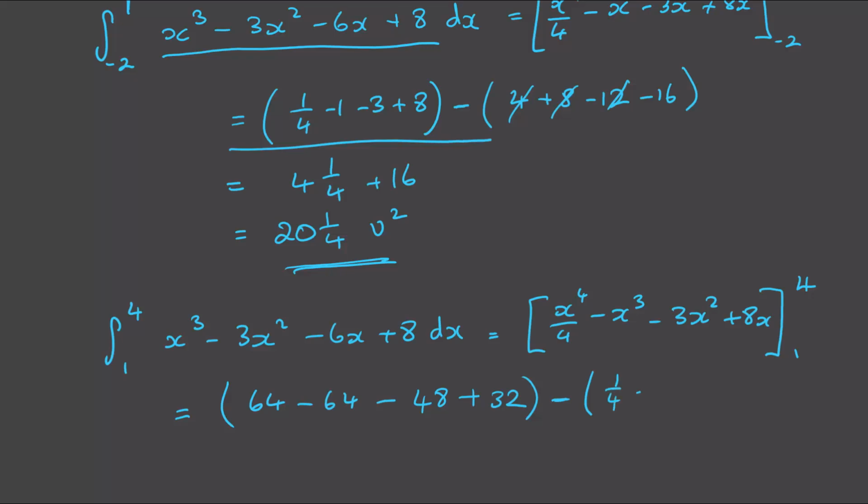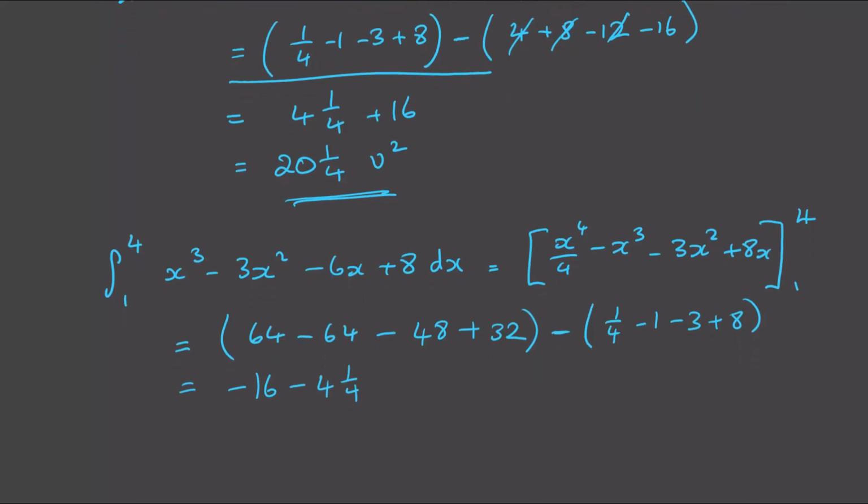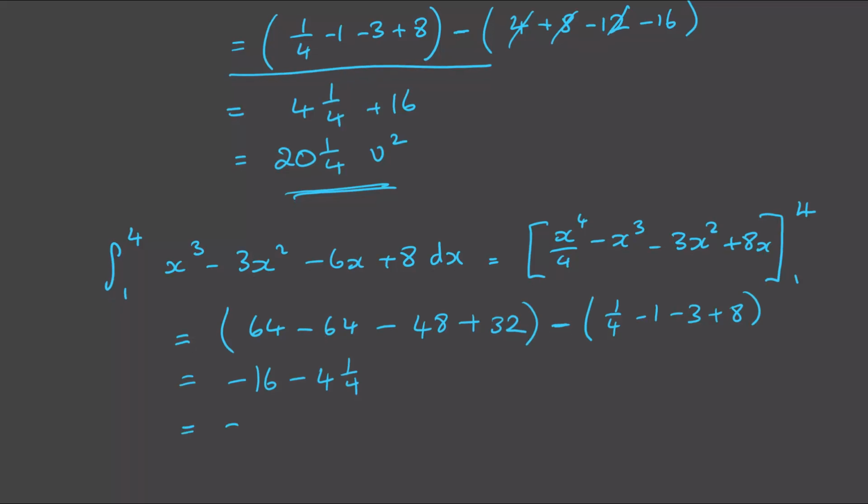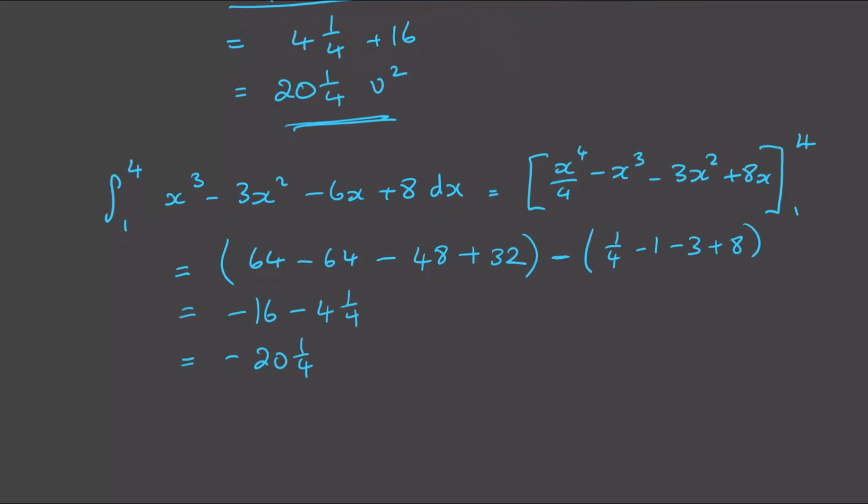So it's going to be 1/4, take away 1, take away 3, plus 8. And so that is going to be negative 16, take away 4 1/4, which is negative 20 1/4. And therefore our area is going to be 20 1/4, add 20 1/4, which is 40 1/2 square units.